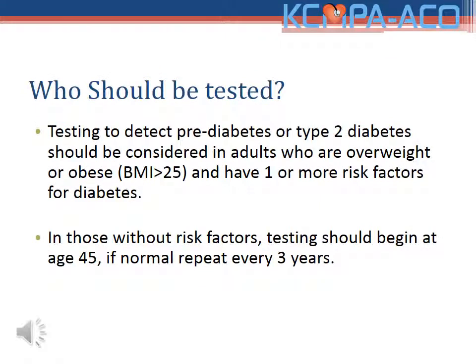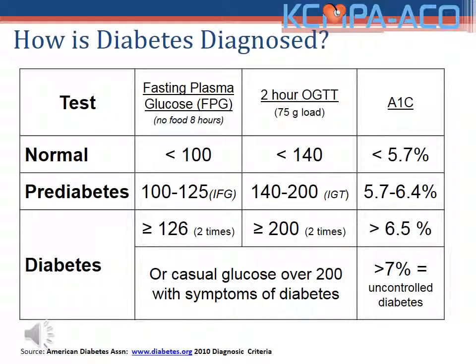The American Diabetes Association recommends testing for type 2 diabetes in people who are overweight, which is a BMI over 25, and have one or more risk factors for diabetes. In those without risk factors, testing should begin at 45, and if normal, it should be repeated every 3 years. Diabetes can be diagnosed in several ways.